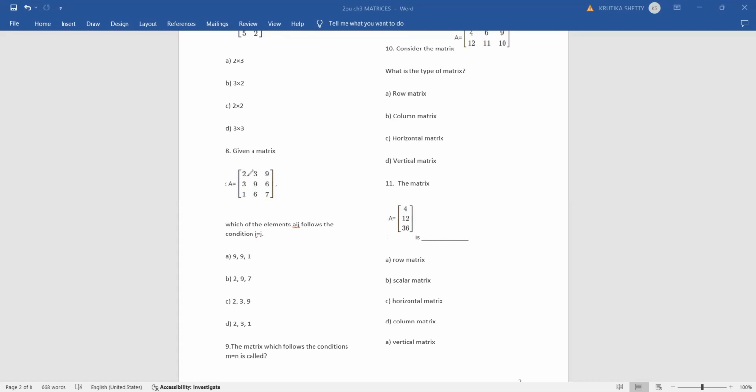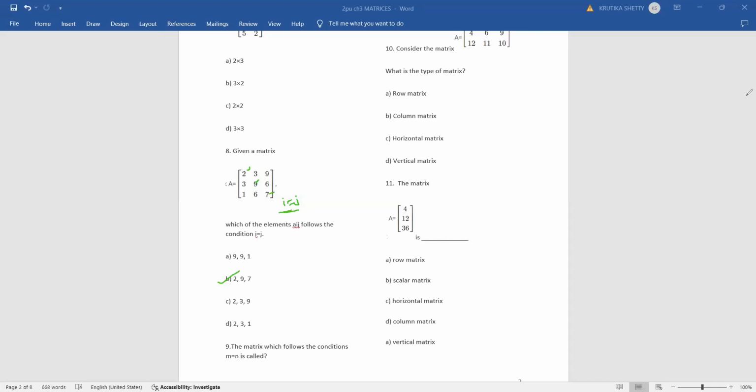We discussed that the i equal to j elements are nothing but the diagonal elements. The list of diagonal elements is 2, 9, and 7. So out of the given options, option B will be the right answer. 2, 9, and 7 will be the right option.